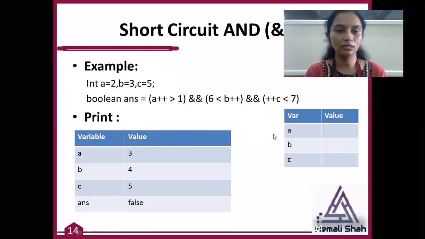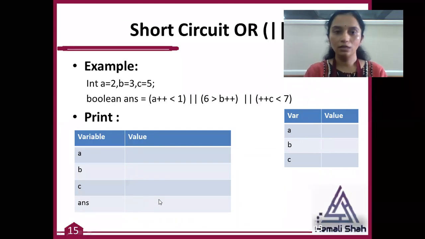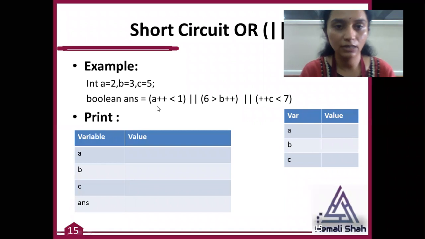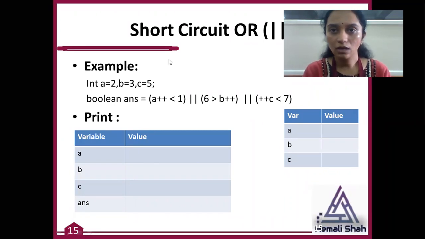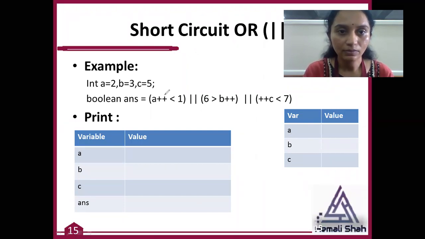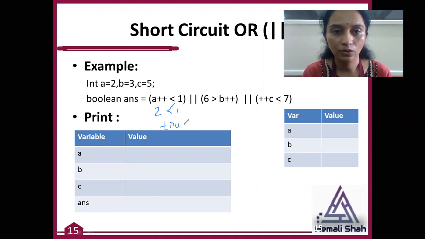Let's check the answer: 3, 4, 5 and false. Now the OR operator works until it gets the true value from left to right, right? So let us try this. First, the value of A is 2, checked against 1.